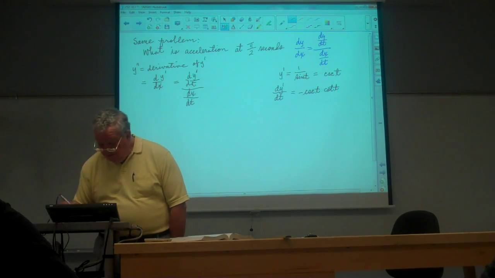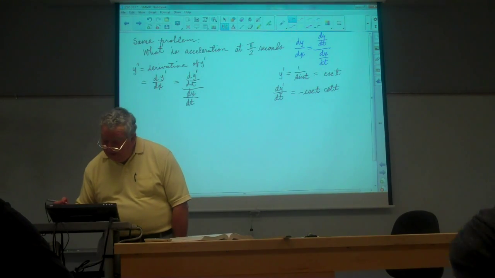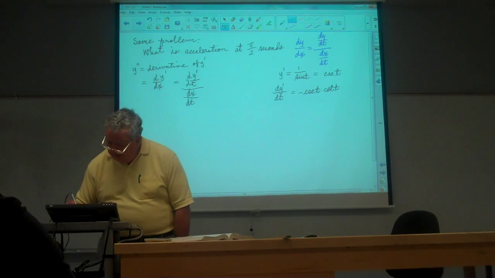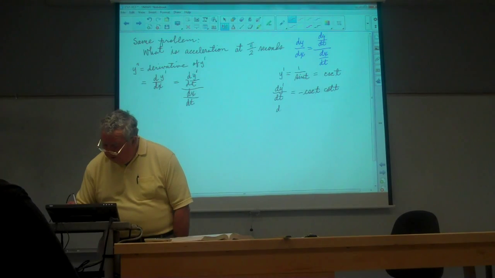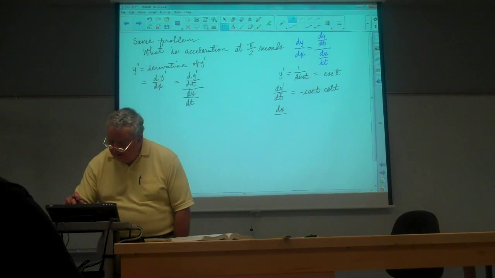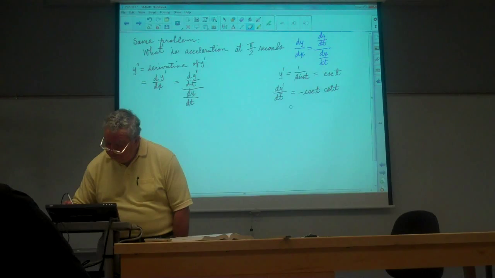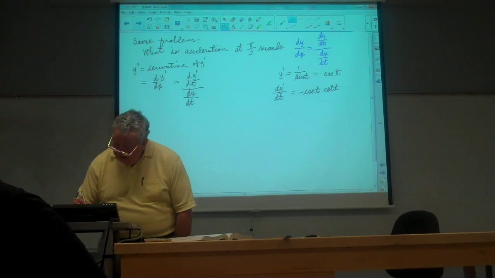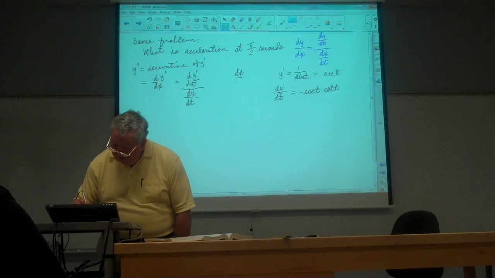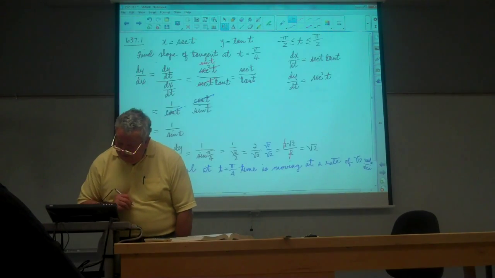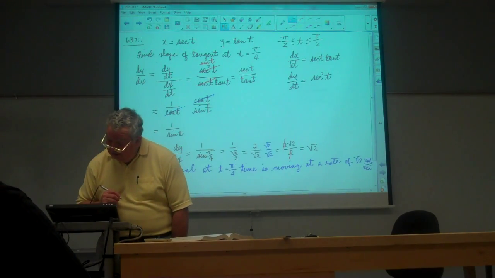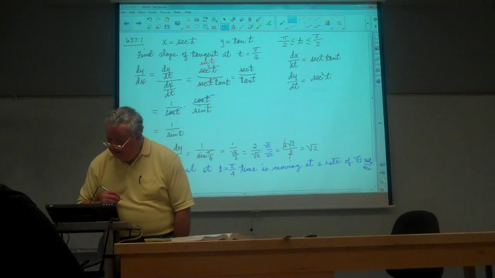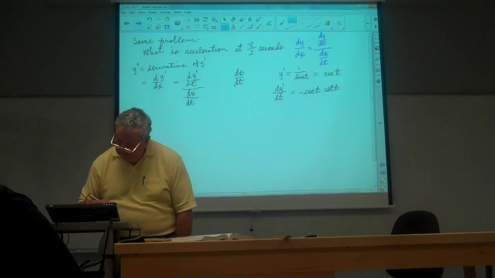But that isn't going to get it, and let's see, then I already know dx/dt, don't I? dx/dt from the previous page is secant squared t, right? Secant t tangent t, huh?